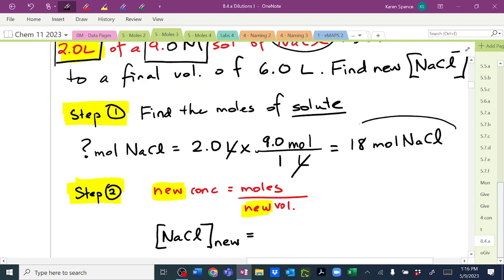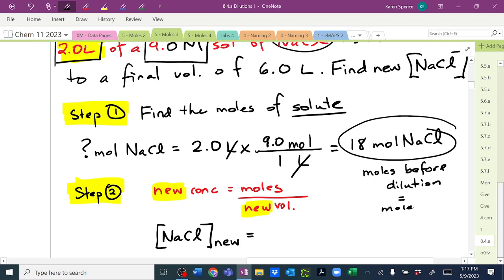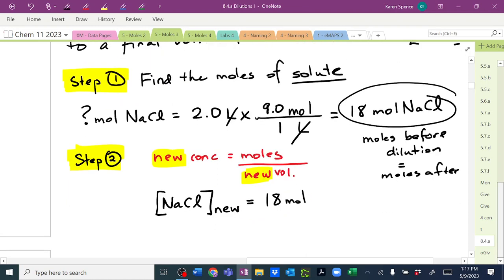And because the moles before dilution is the same as the moles after dilution, I still have 18 moles of NaCl.